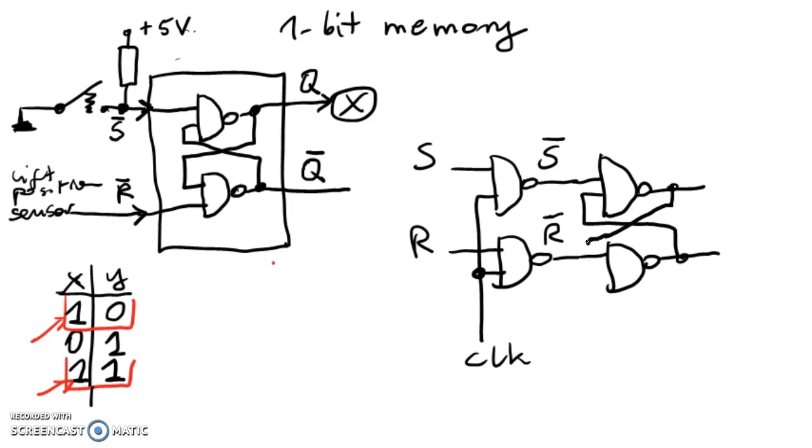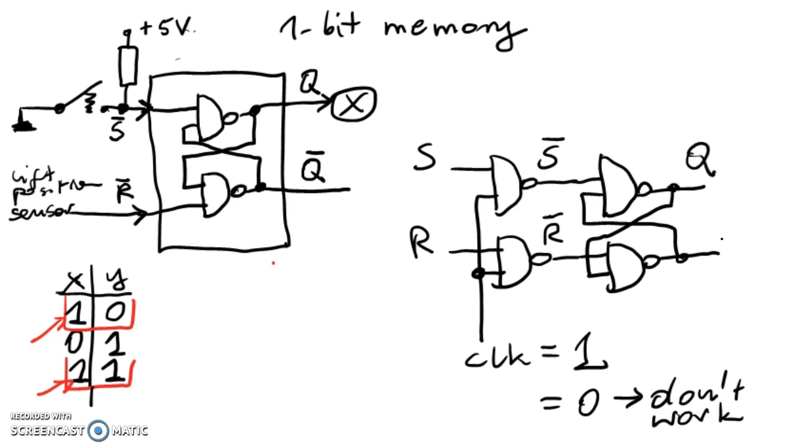And at the same time, it is a synchronous one. So it can operate only when CLK is equal to 1. If the clock is equal to 0, don't change anything. Don't change, or don't work at all. Don't change the output. Q is in front of S, not Q is in front of R, and that's all.